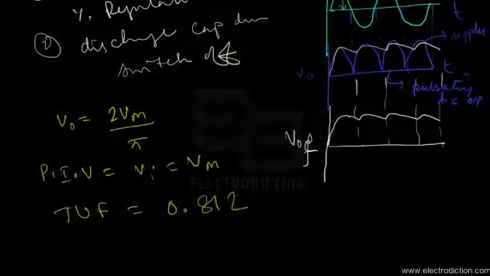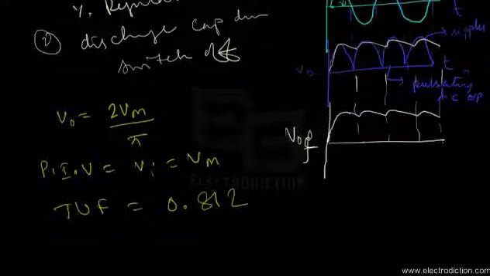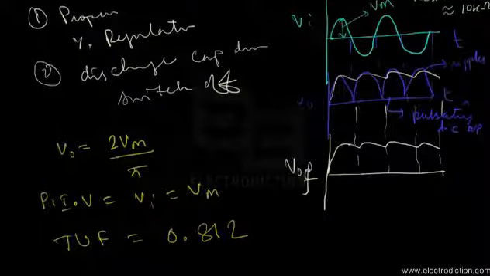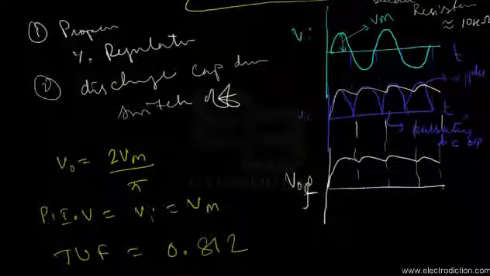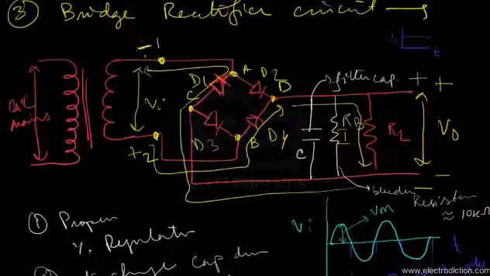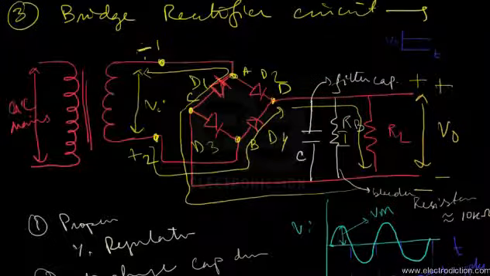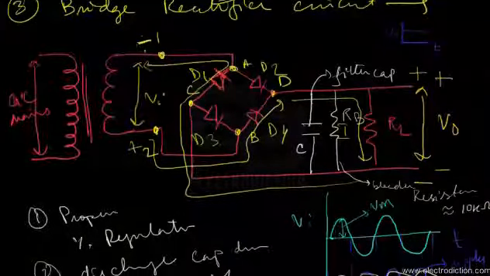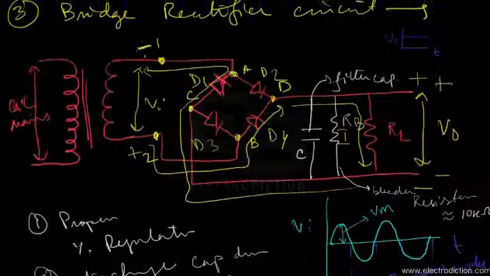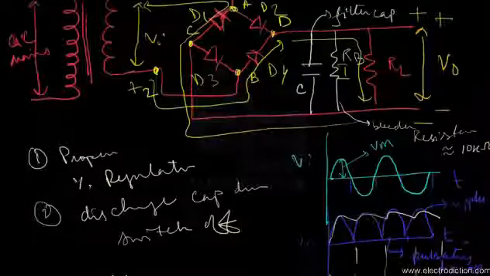Since it has a TUF of about 81.2%, it can be used in applications where high voltage and current are required. Based on these conclusions, we say that the bridge rectifier is much more efficient than the full wave rectifier, and is used to a great extent in industrial applications of power supplies and such others.